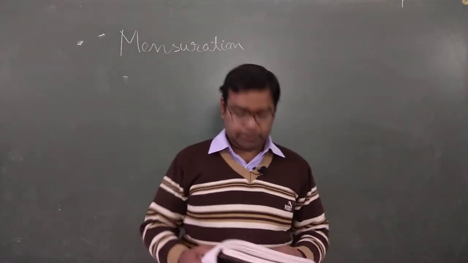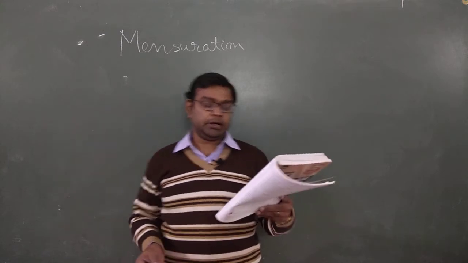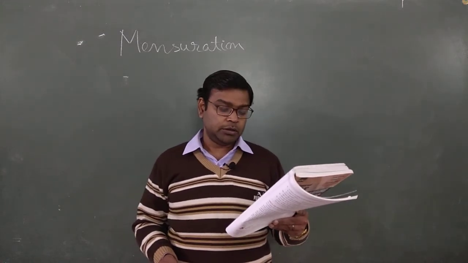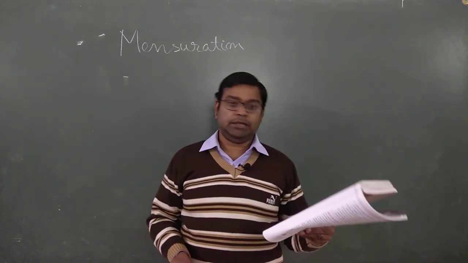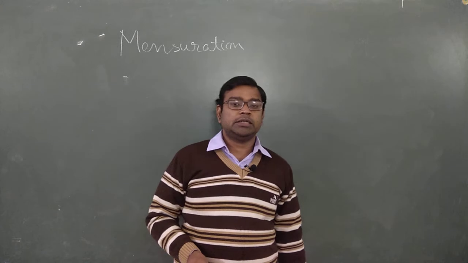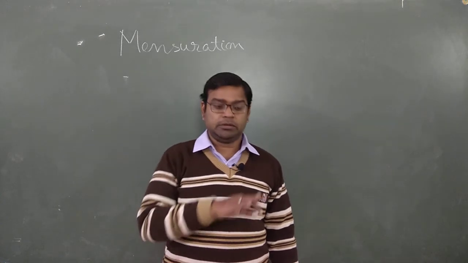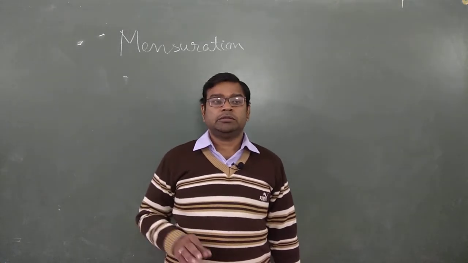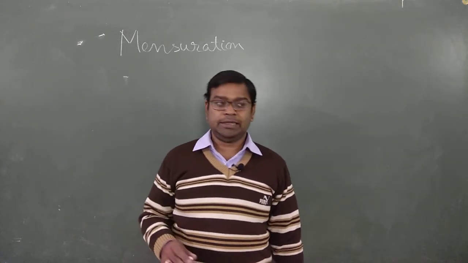Now, our next question says, you must listen to this question very carefully, otherwise you are unable to understand. A lid of a rectangular box of side 40 centimeter by 10 centimeter. This question says that there is a rectangular box having a lid with a measurement 40 centimeter and 10 centimeter.